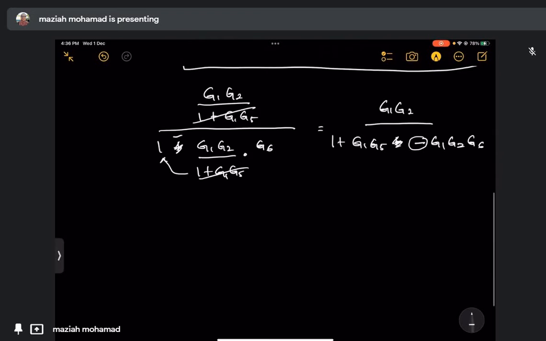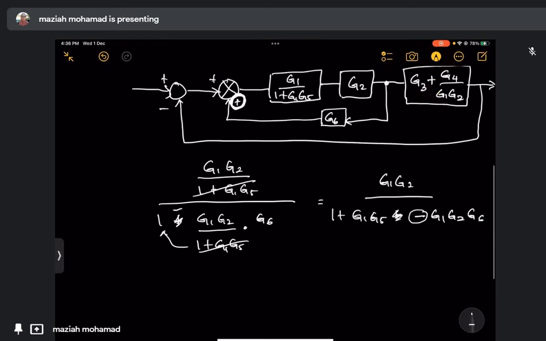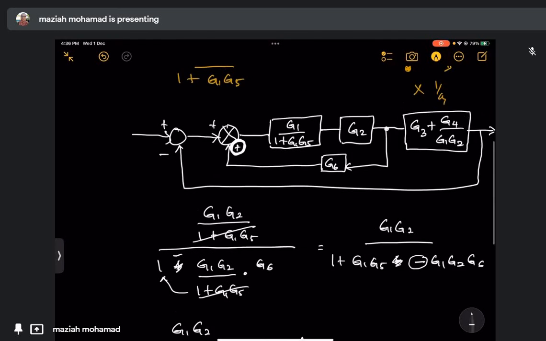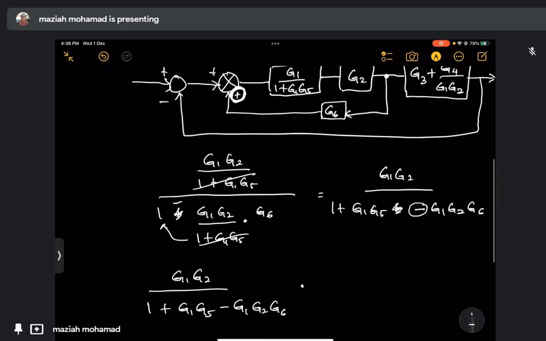Before we solve for the final loop, we need to multiply G1 G2 with G3 plus G4. So let's multiply G1 G2 over 1 plus G1 G5 minus G1 G2 G6, multiplied with that one, which becomes G1 G2 (G3 plus G4) over G1 G2.